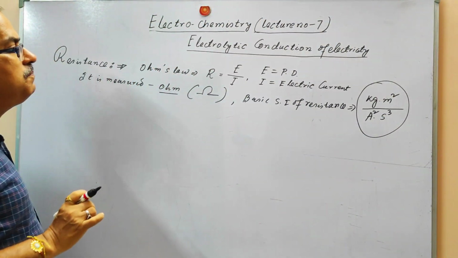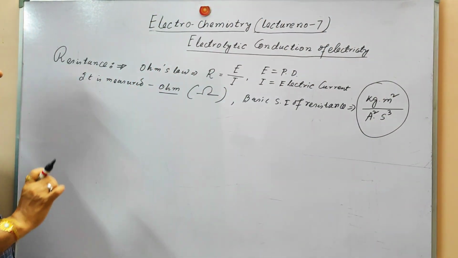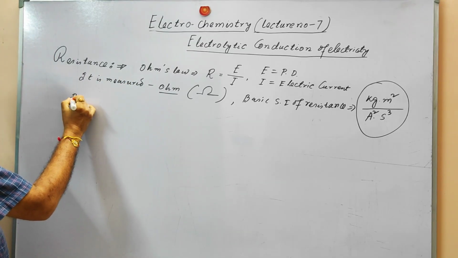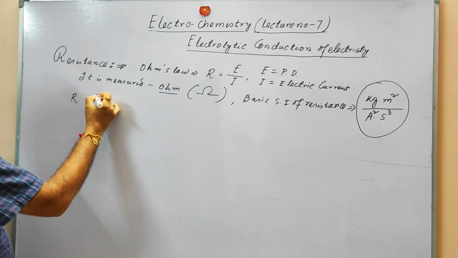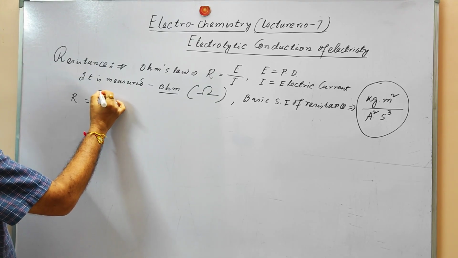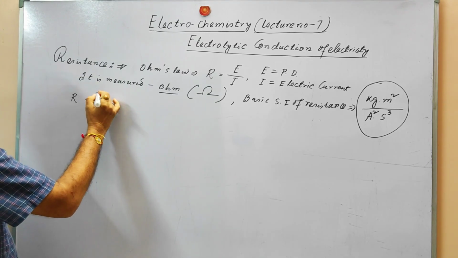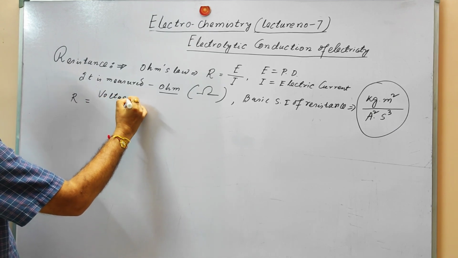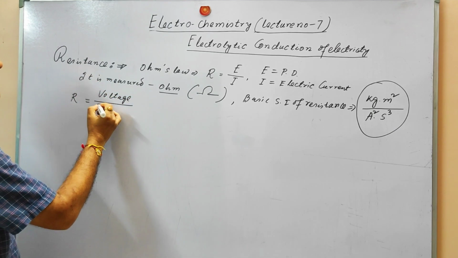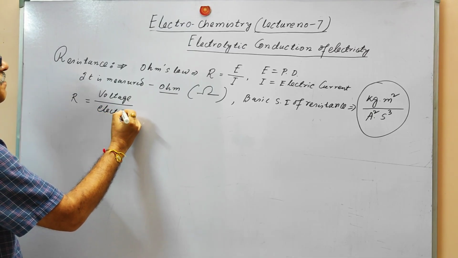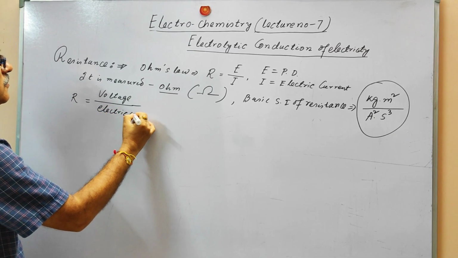We have to start from the very basic thing, Ohm's law, that R is basically the potential difference, meaning voltage. So we can write it is the voltage divided by electric current, that is ampere.